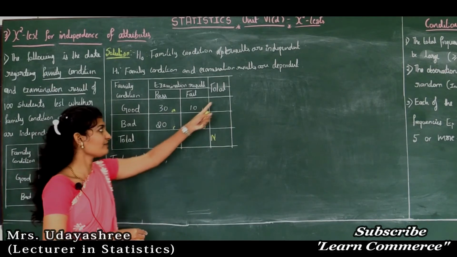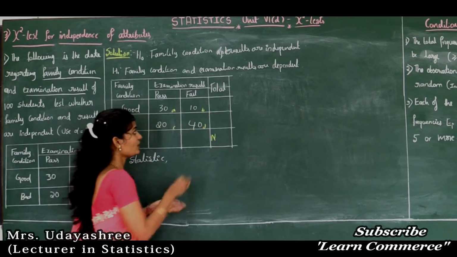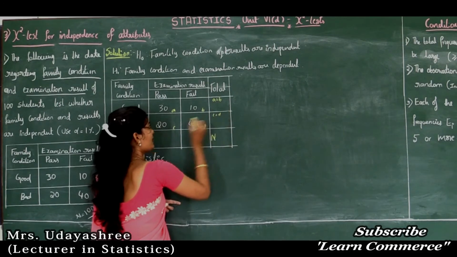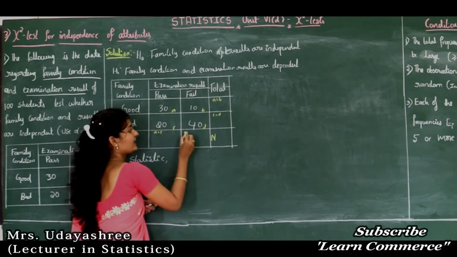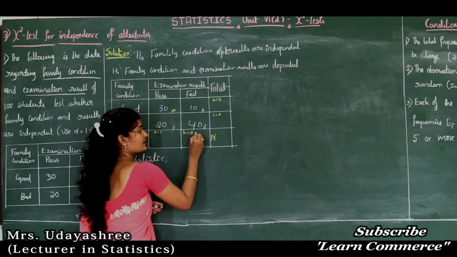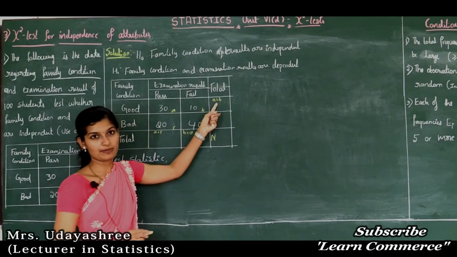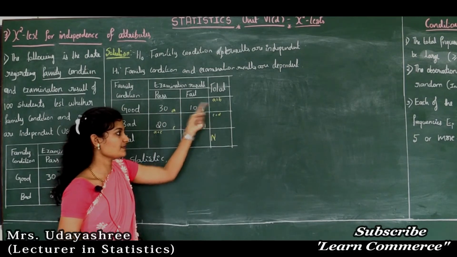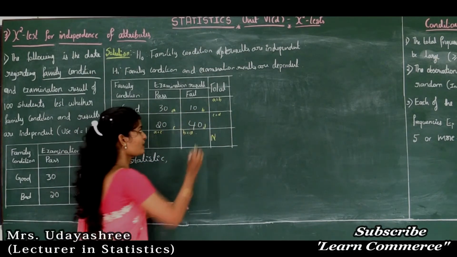How do we write the totals? The total column is A plus B, this is C plus D, this is A plus C, and this is B plus D. A is 30, B is 10, so A plus B is 30 plus 10, that is 40.